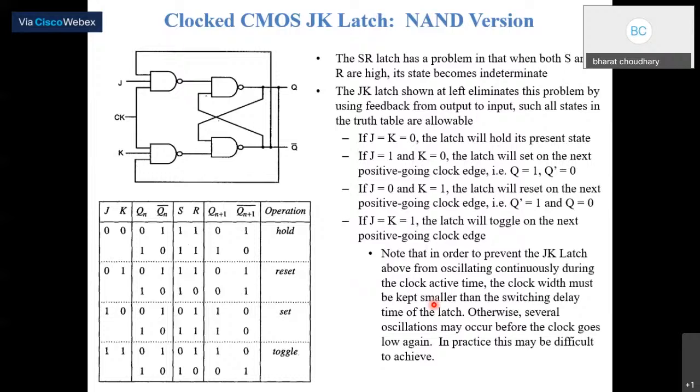Here there is toggling of the state Q, between the next state and the previous state. So to eliminate this condition and overcome this disadvantage of the JK latch, the master slave configuration is used.